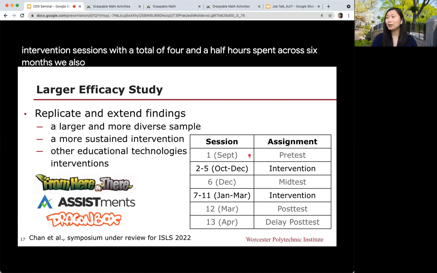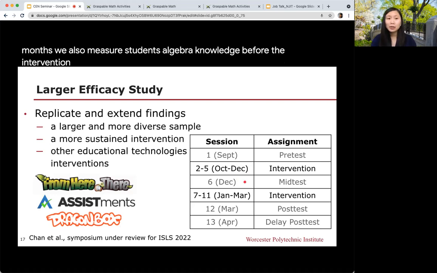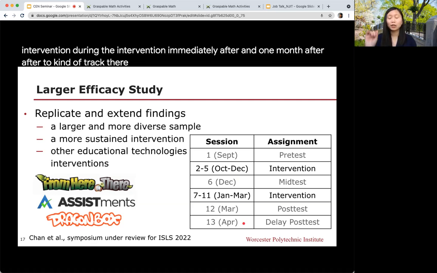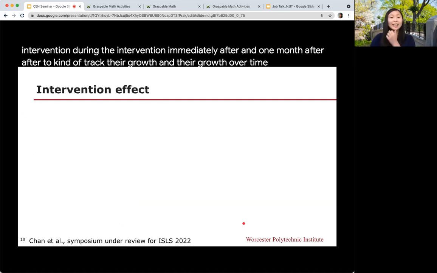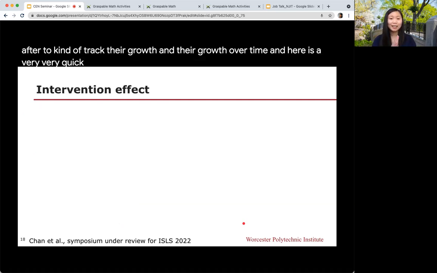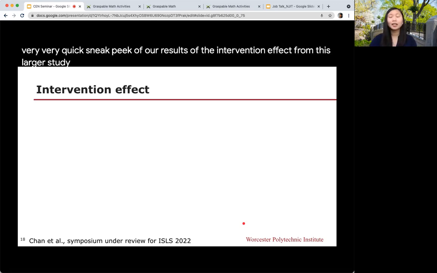We also measured students' algebra knowledge before the intervention, during the intervention, immediately after, and 1 month after to track their growth over time. And here is a very, very quick sneak peek of our results of the intervention effect from this larger study.